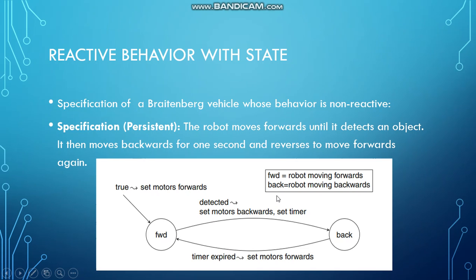Initially, when the system is turned on, the motors are set to move forwards. So this is the start. When the machine is turned on, it is initially set to forward. Since the specification did not say whether the start is forward or backward, usually it is always in the forward state.